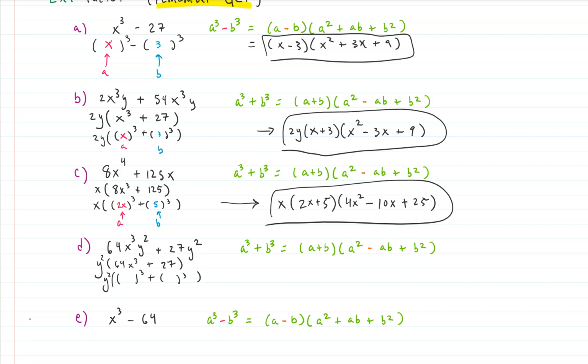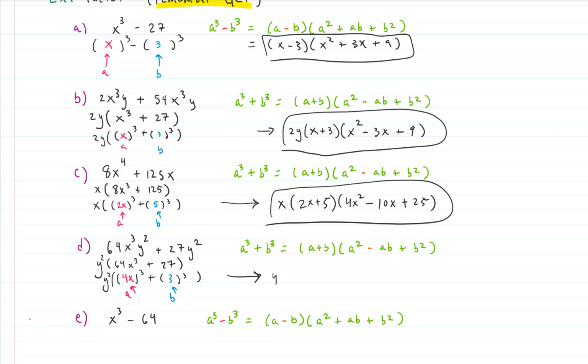64, that's something cubed, right? That's 4 cubed, so 4 times 4 is 16 times 4 is 64. So 4 cubed, and I need an x. I should probably move that 4 over. So 4x cubed, so A is 4x, and 3 is B. Poor 27 gets used a lot in these problems.